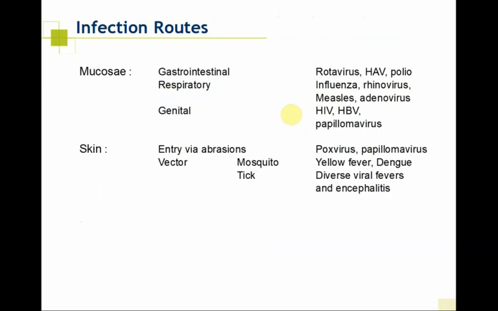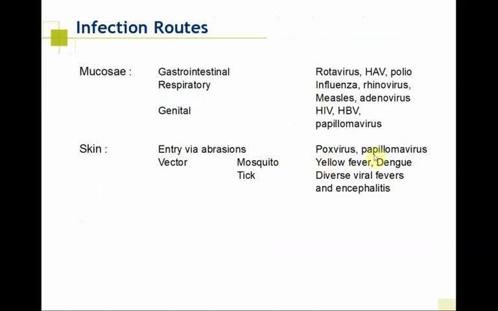Okay, the skin is pretty much a poor portal of entry for most viruses because your skin is made of dead keratinocytes, right? There are no live cells here. So a virus has got to infect a living cell to be able to start replicating. So the skin's a pretty good barrier against most viral infections.